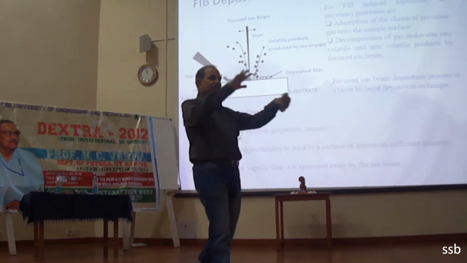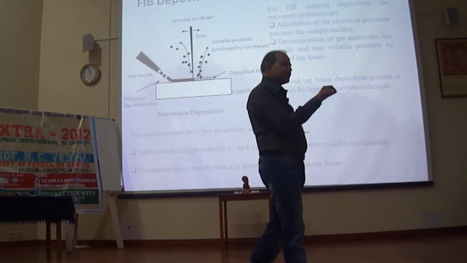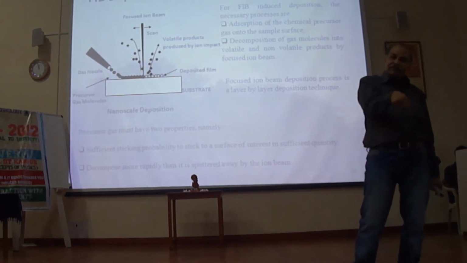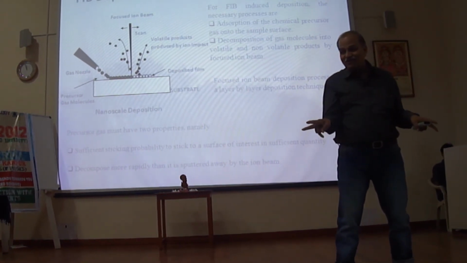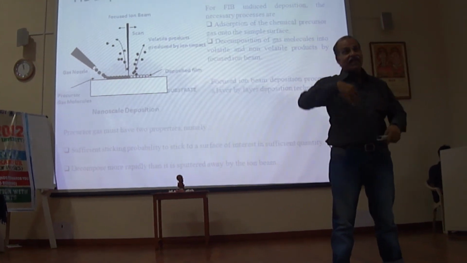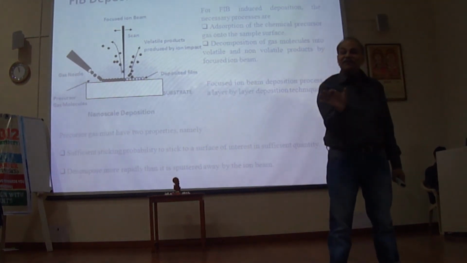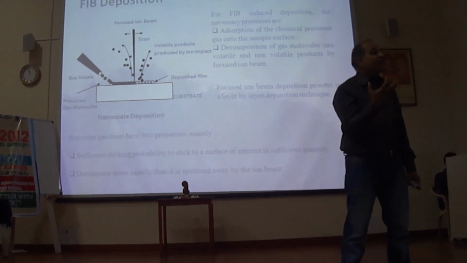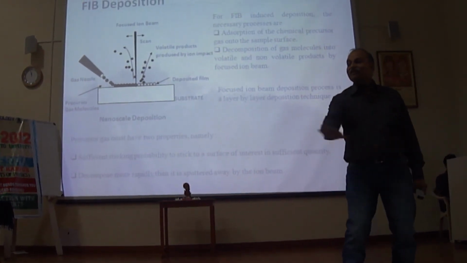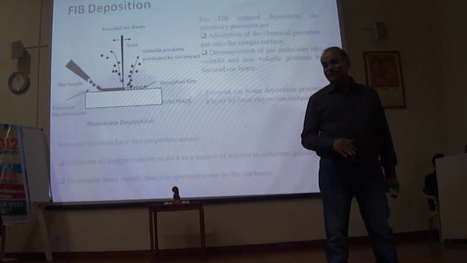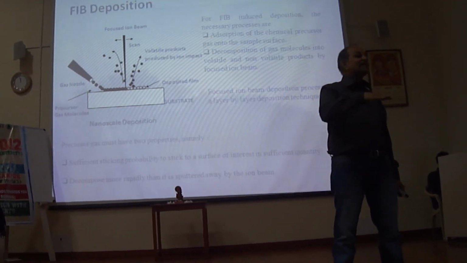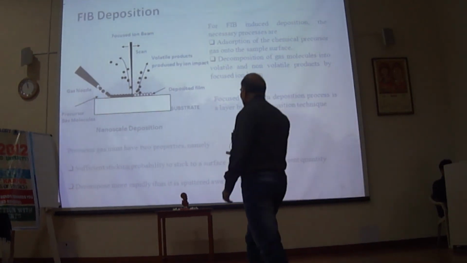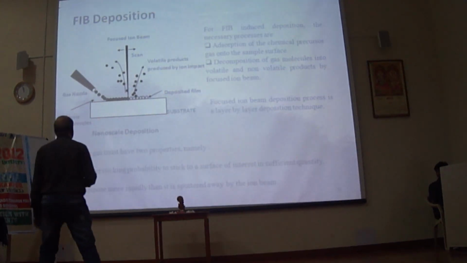If it is an organometallic gas containing platinum, this ion beam, by hitting it, will crack the molecule of that gas, and the volatile part will go away and the platinum will be there, and then this beam will make a bond of that platinum with the lower material. So that is how you will stack platinum. You can deposit platinum or tungsten or things like that. So this is that deposition scheme in FIB.